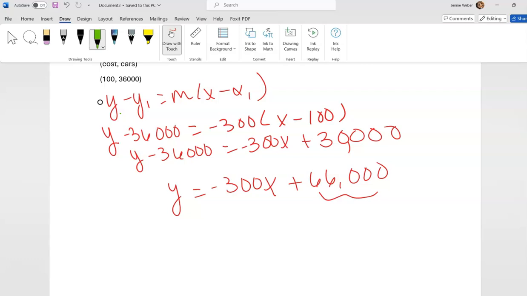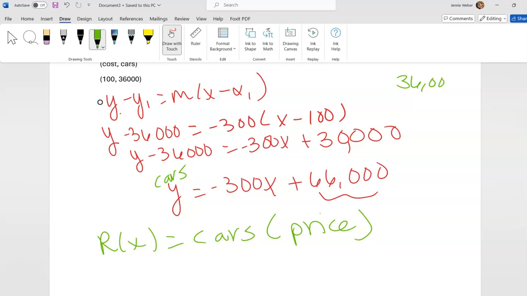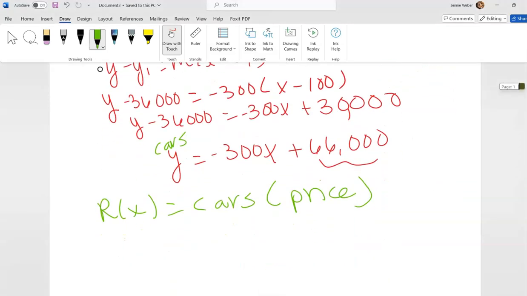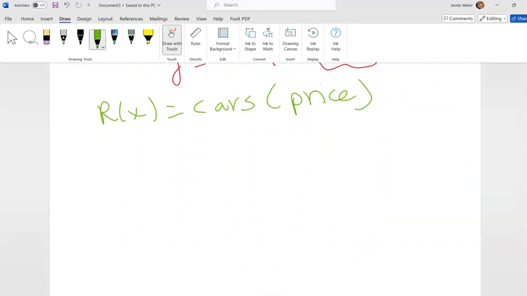Obviously, there's still only so many cars that would travel it. So this is going to give me my number of cars. I want to maximize revenue. Revenue is cars times price, right? For the base case, it's $1 and we've got 36,000 cars, so that's our revenue.